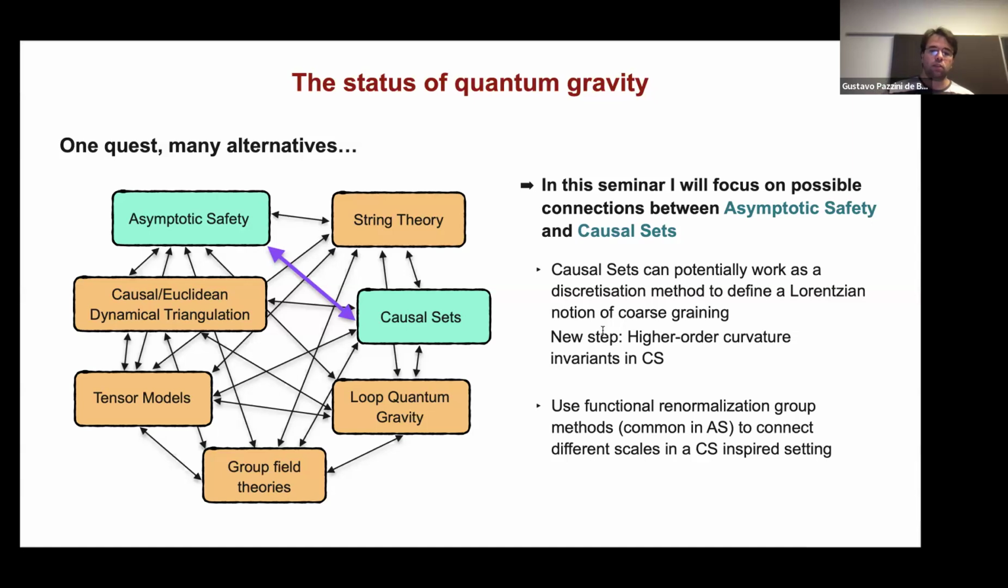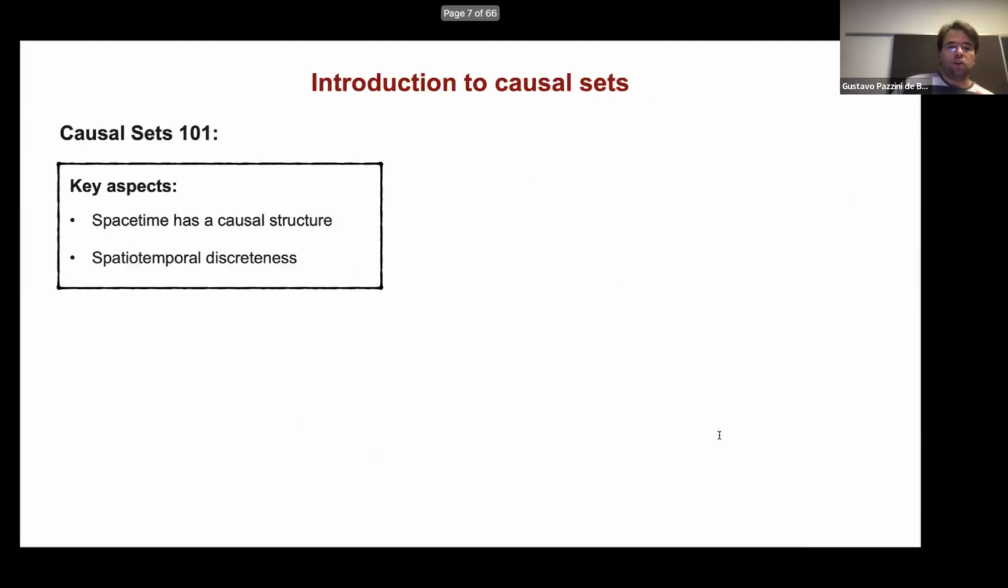And the second way to build this connection is applying functional renormalization group methods that are very common in asymptotic safety. And I mean, it's needless to say this to this particular audience. But the idea is to apply this to a causal set inspired scenario. And I will make more clear later why I'm calling this a causal set inspired scenario and not exactly a causal set scenario.